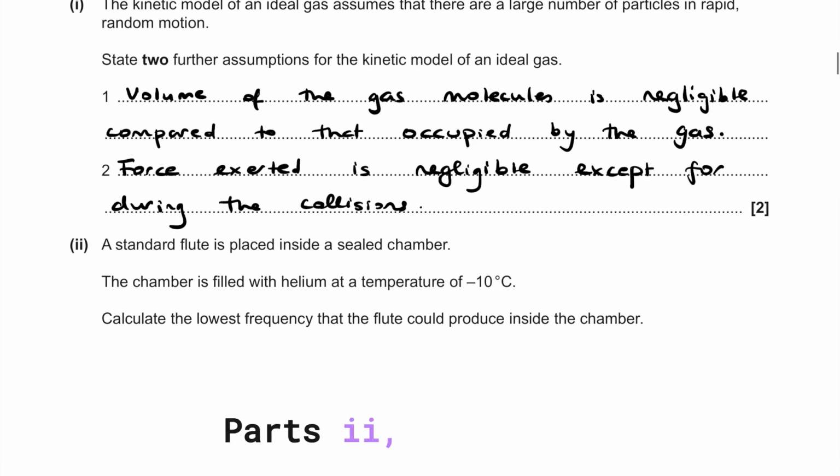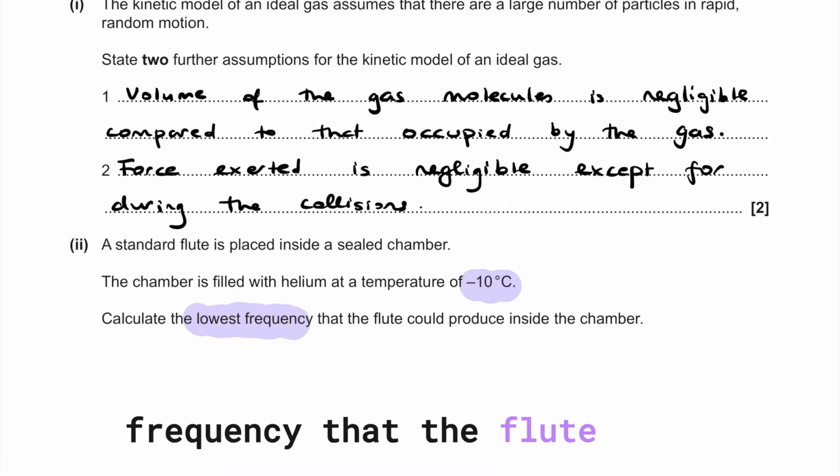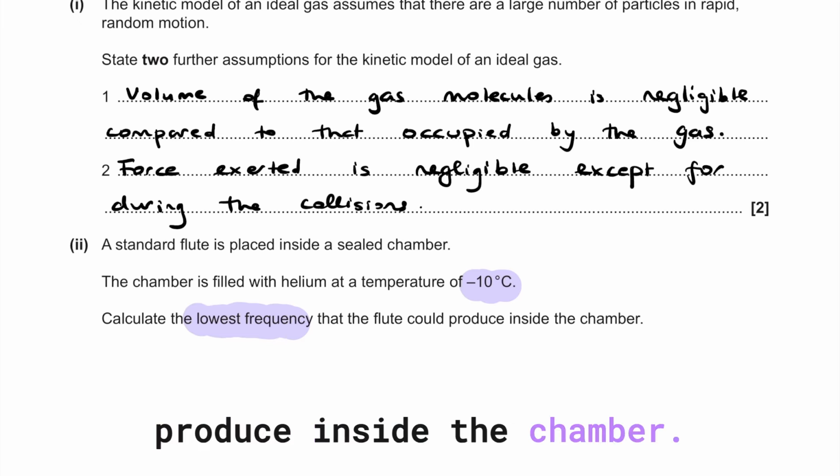Part II. A standard flute is placed inside a sealed chamber, and the temperature of the chamber is minus 10 degrees Celsius. Calculate the lowest frequency that the flute could produce inside the chamber.